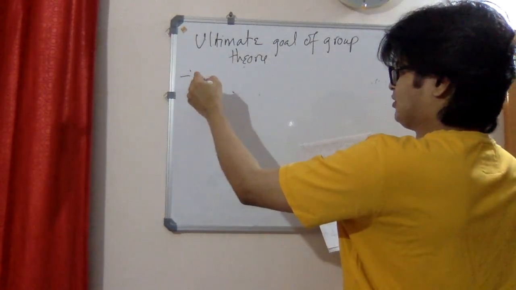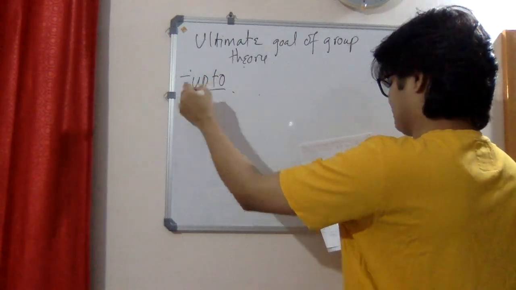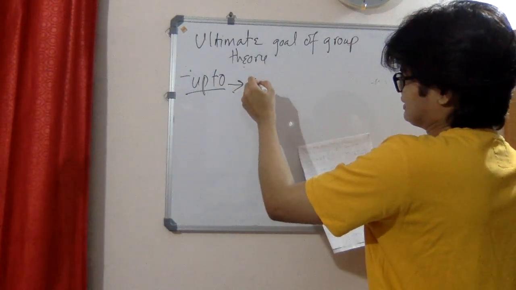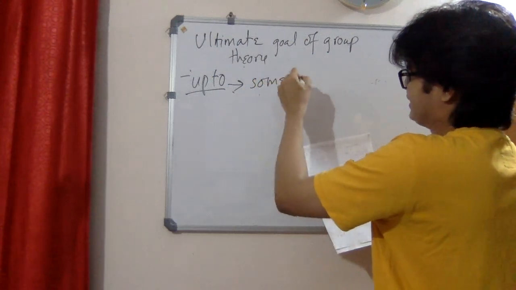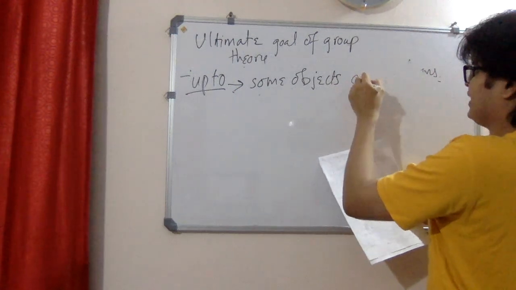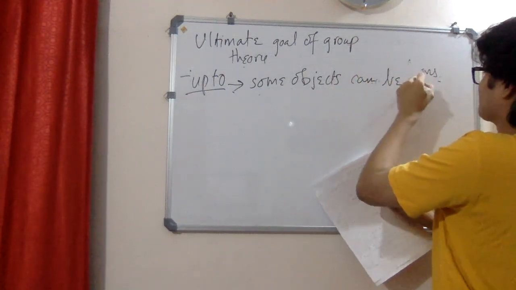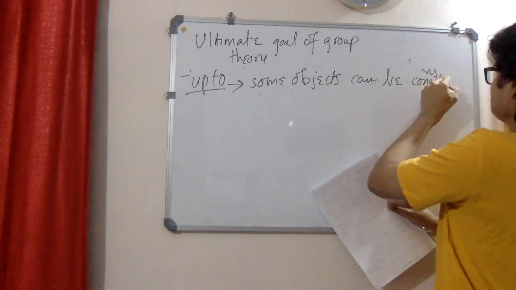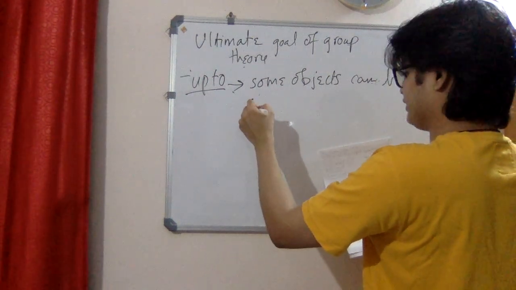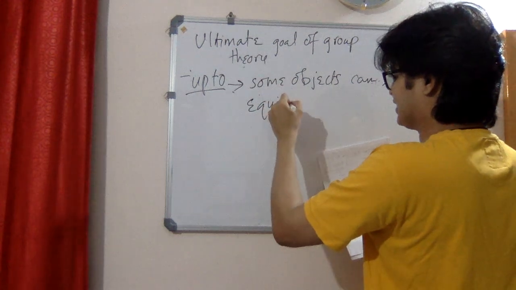So, the concept of up to in mathematics basically conveys that some objects can be considered equivalent under some condition.